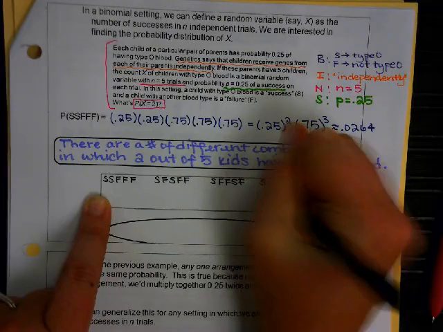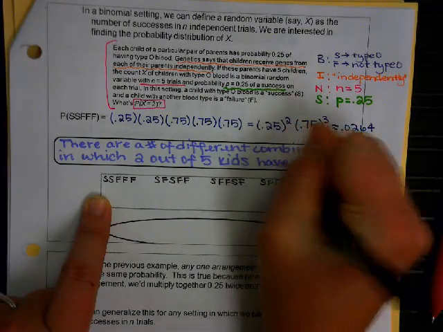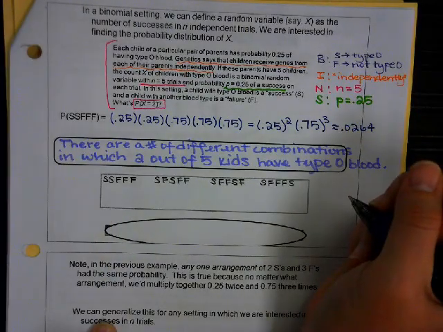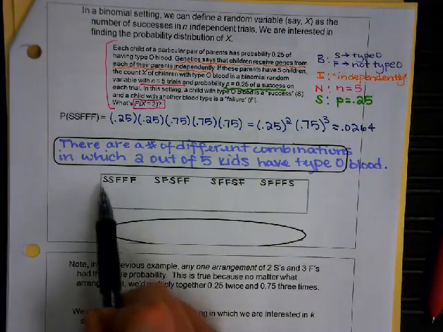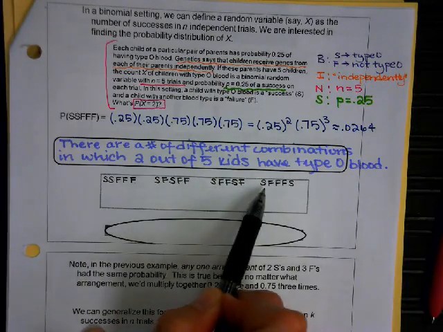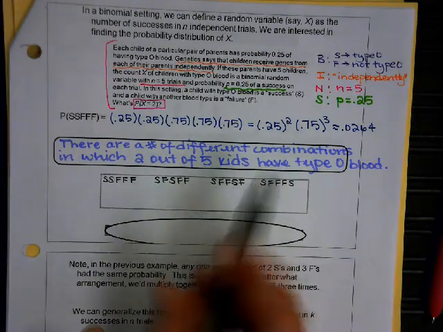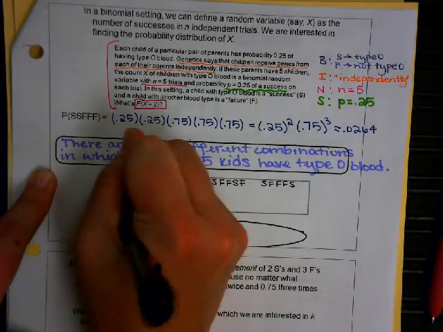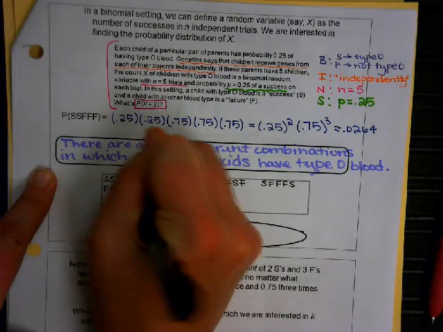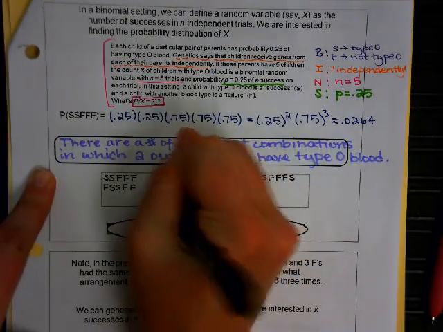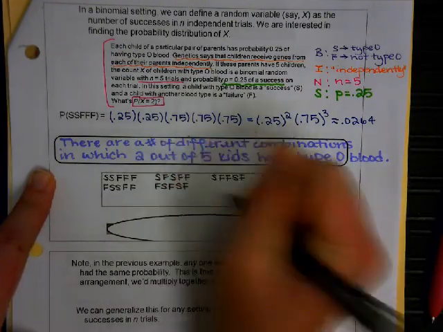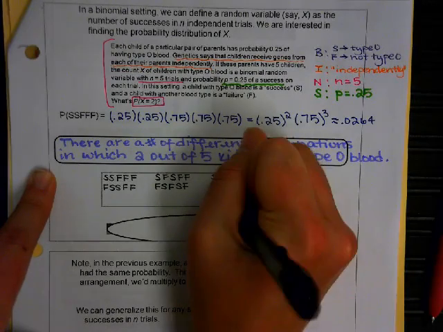So that took care of having the first one being a success. Now if I have a failure first, then 2 successes, then 2 failures, I'm going to leave the first S alone. So fail, success, fail, success, fail. Fail, success, fail, fail, success. And that takes care of having S in the second place.